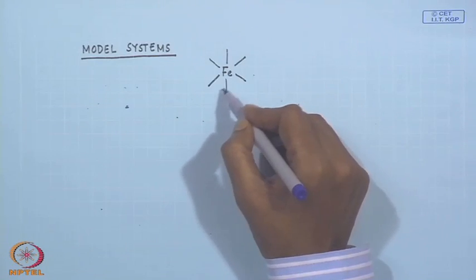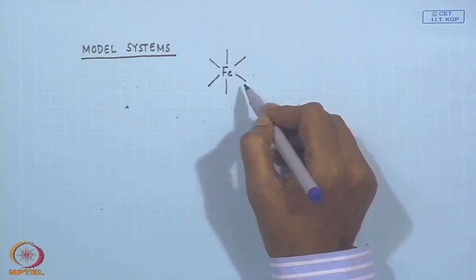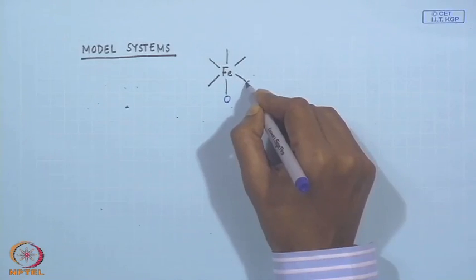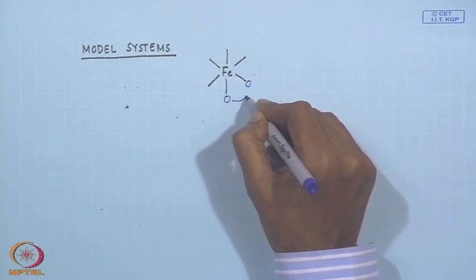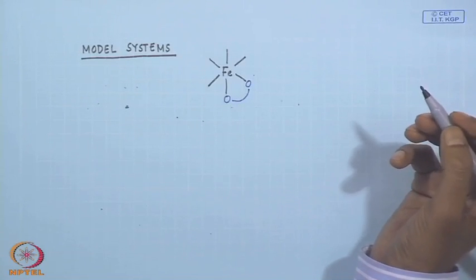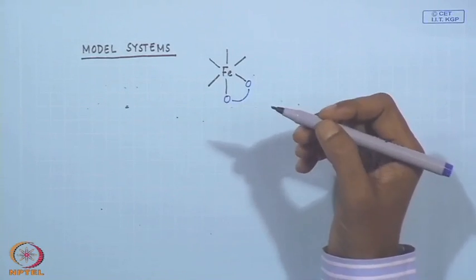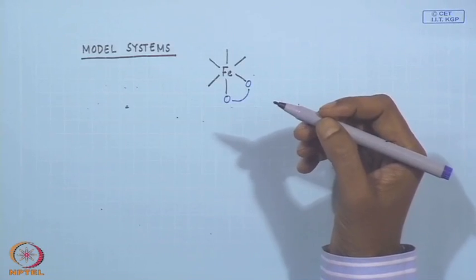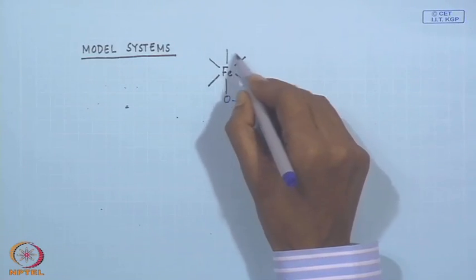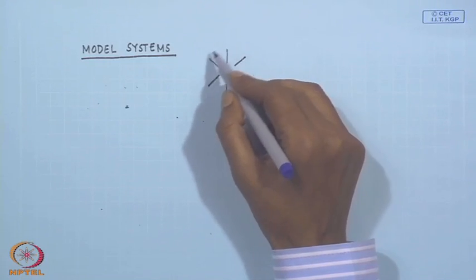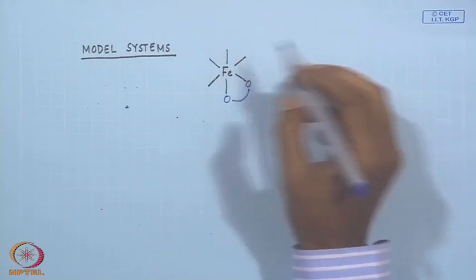So, at least 2 positions should be vacant, which can be occupied by the molecule to be cleaved, that means the catechol molecule. So, at least 2 positions must be vacant around iron, and you can have a particular ligand system which can bind the other 4 positions.